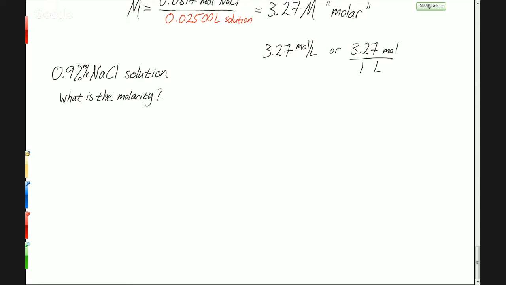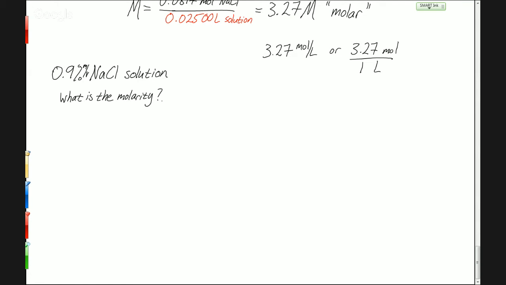So when we say 0.9% mass by volume, what units are we actually talking about? And if you don't remember, it's what? Yeah, it's grams per 100 milliliters is another way of thinking about that, or grams divided by milliliters times 100, however you want to think about that.